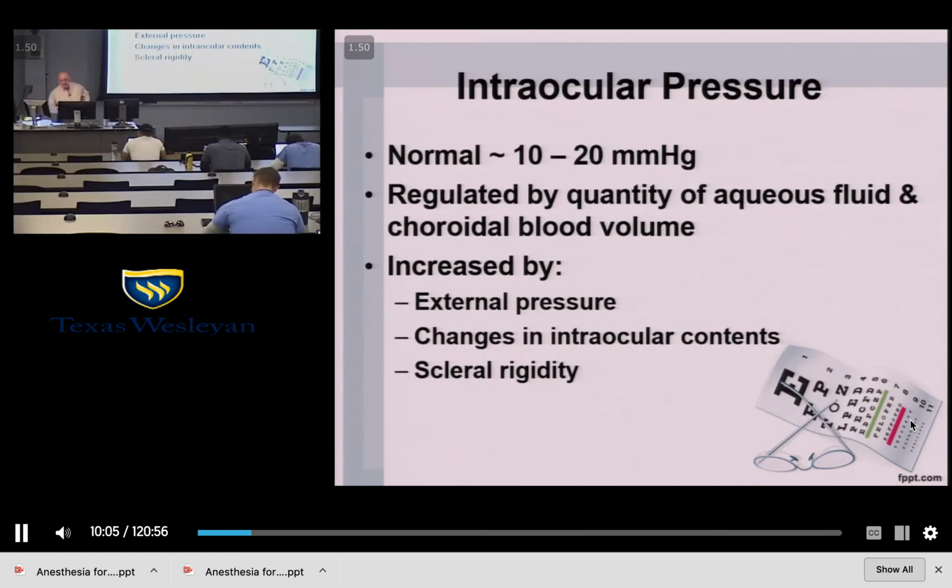Resistance at the trabecular meshwork, which we'll talk about momentarily, primarily regulates intraocular pressure. And so patients that have glaucoma have increased resistance at the trabecular meshwork.